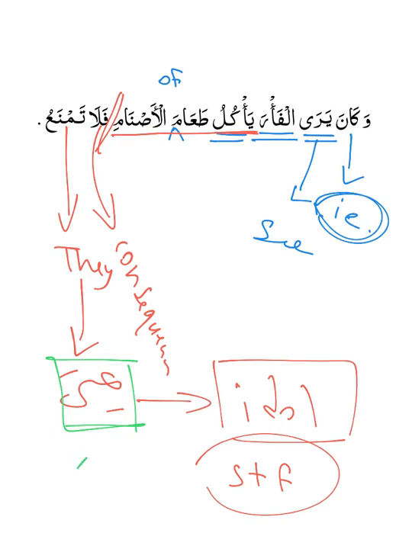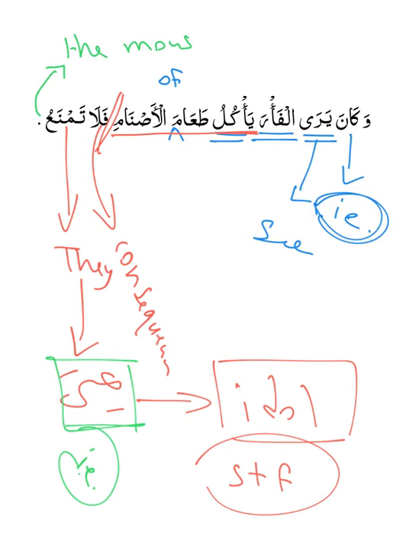So you must say the word i.e. for clarification, so we know what you're talking about. Thus, they, i.e. the idols, la tamna'u, are not stopping or preventing who? Preventing the mouse, al-fa'r. فَلَا تَمْنَعُ الْفَأْرَ.